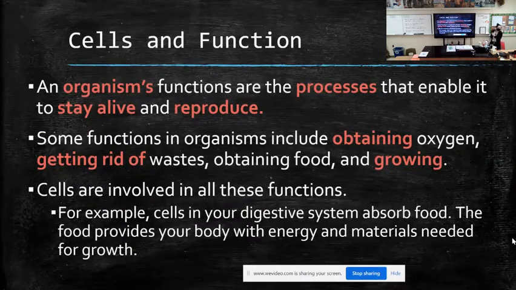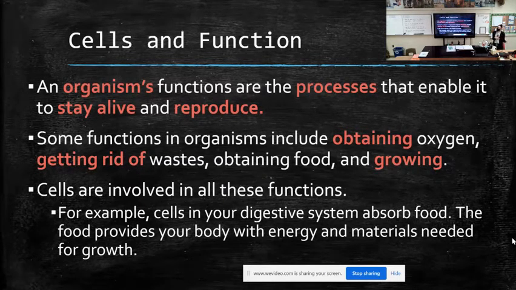So then an organism's functions are the processes that enable the organism to stay alive and reproduce. So as long as we're able to continue functioning, our body is able to continue to move and process different things. We are able to stay alive.